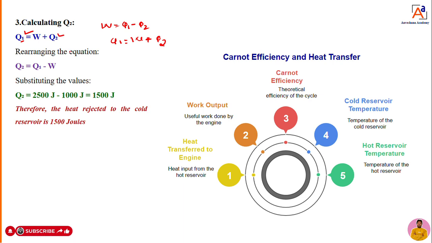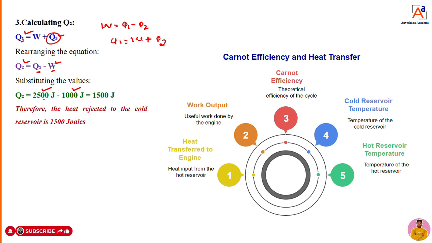Now rearrange this equation, because what we require here is the value of Q2. So how to write the equation now? Q2 is equal to Q1 minus W. What is Q1? You already calculated. What is W? In the problem itself he has given. So Q2 is equal to the Q1 value, 2500 joules, minus W, that is 1000 joules.